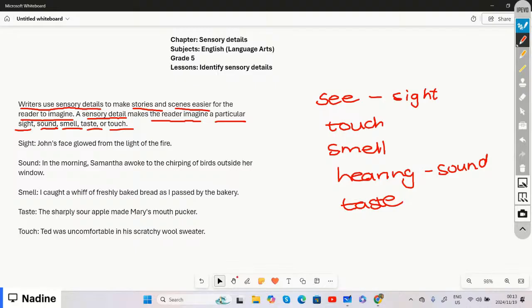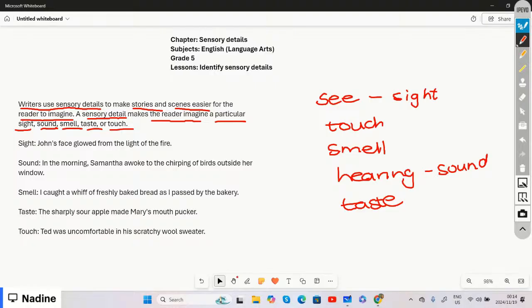All right. So now, if we look at examples, right? If we look at examples of either things that you can see or sight, things that you can hear or sound, things that you can smell, things that you can taste or touch, these are examples of how the writer would make scenes easier for us as readers to imagine.